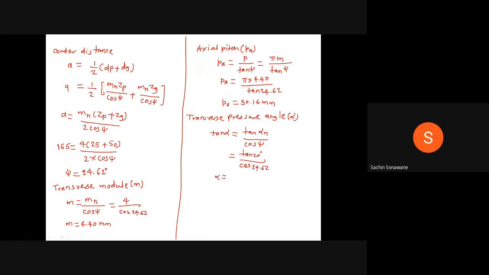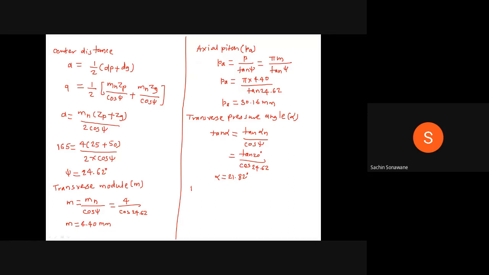Calculate the value of alpha. What is the value of alpha? 21.82. Yes, correct. 21.82 degree.